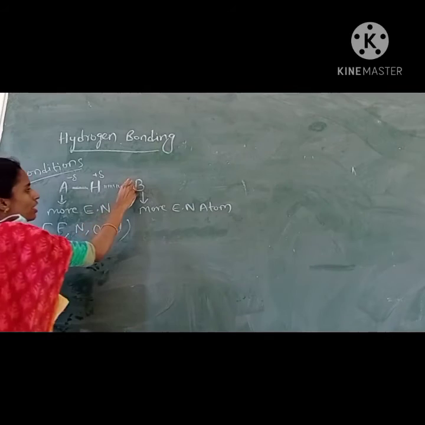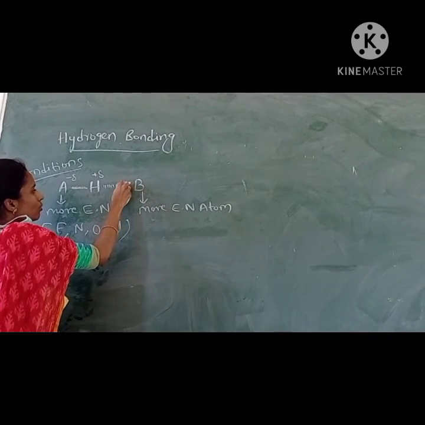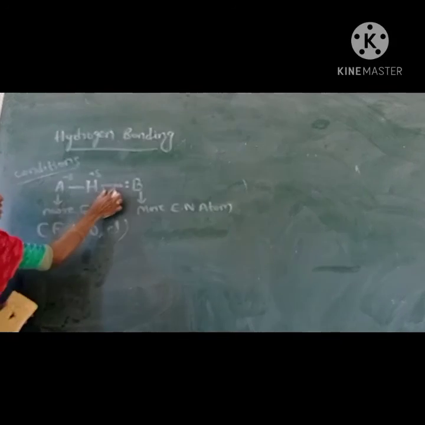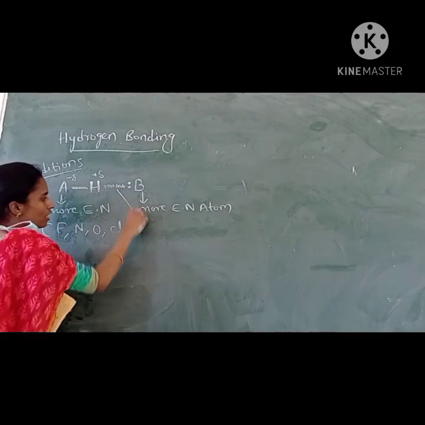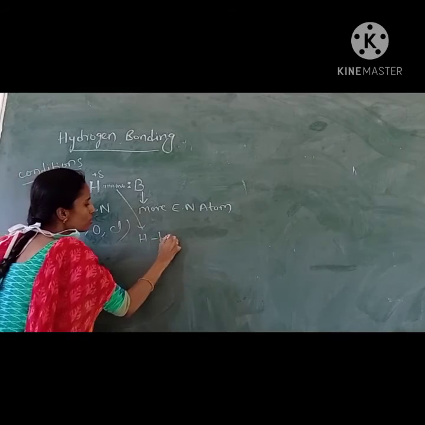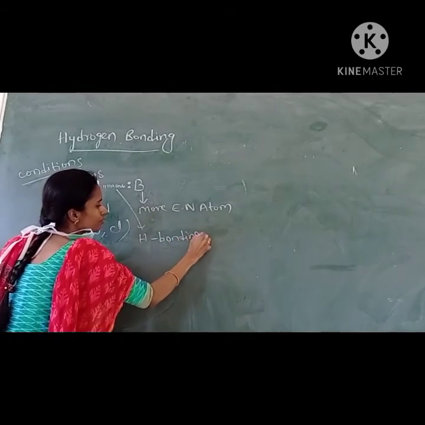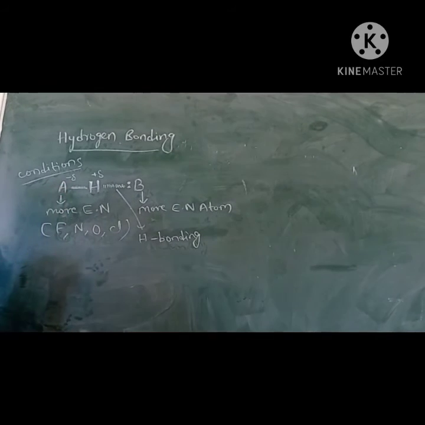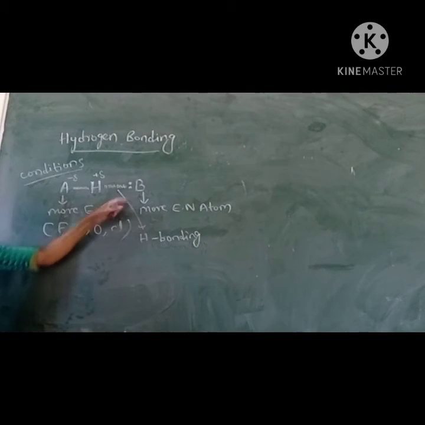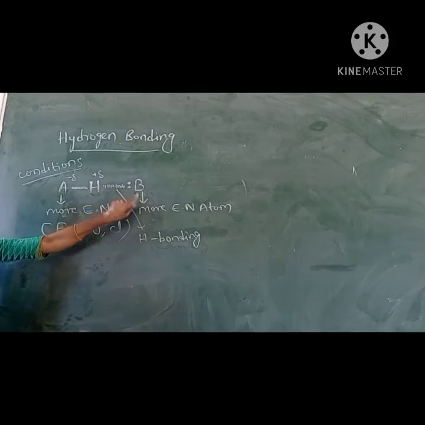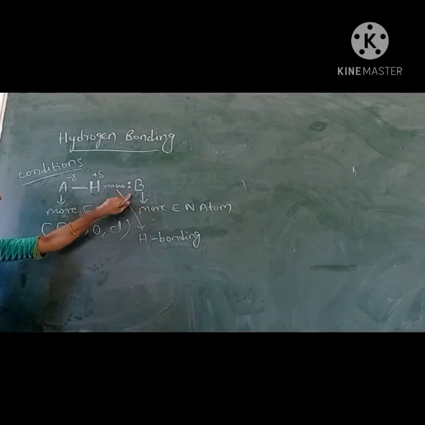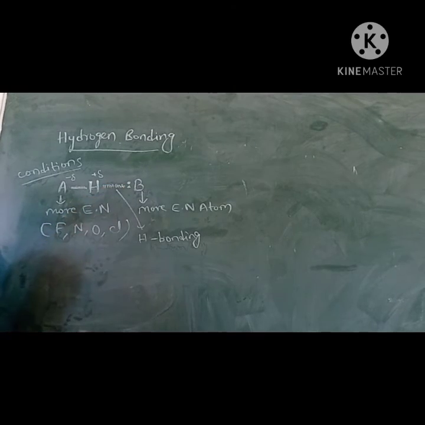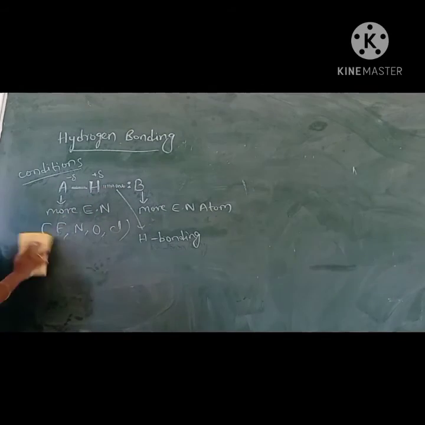It will share this electron pair with the positively charged hydrogen, and this weak force of attraction is called hydrogen bonding. So the conditions are: first, the hydrogen should be attached to a more electronegative atom, and the next atom also should be more electronegative and have a lone pair of electrons.